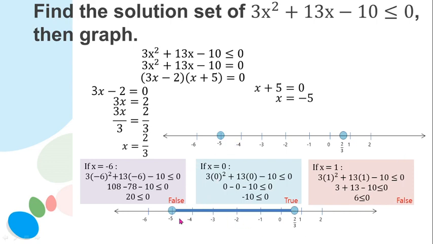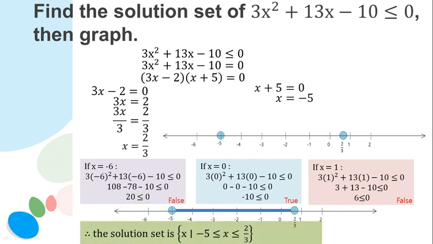We shaded the region which produces a true mathematical statement, and that region is the middle region. Therefore, our solution set is the set of all x such that x is greater than or equal to negative 4 but less than or equal to 2/3.